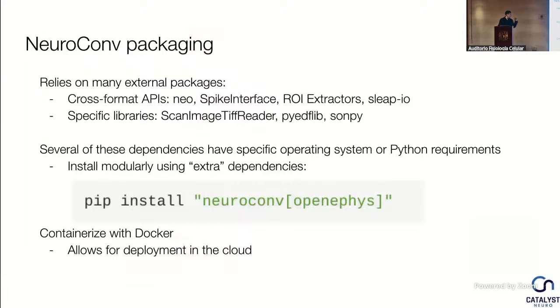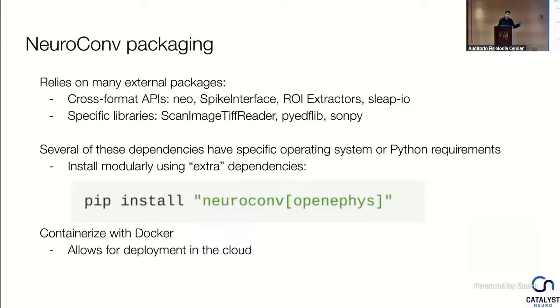I would like to say that we rely on many other open source projects. For example, for extracellular physiology, we rely a lot on the Neo project, to which we contribute a lot as well, to get access to the data.